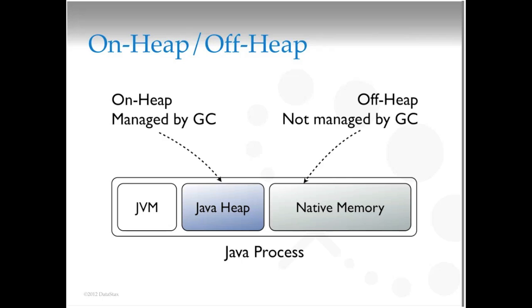So what we want to do is we want to take those structures that we have and move them into native memory off of the heap, where we can clean them up using manual reference counting instead of relying on the Java garbage collector to do it.